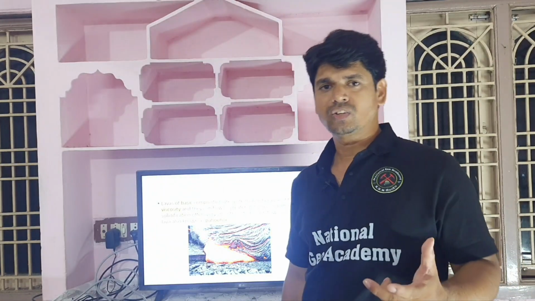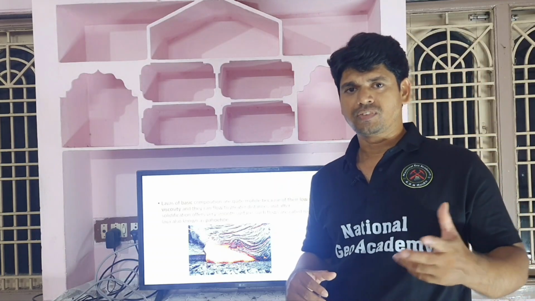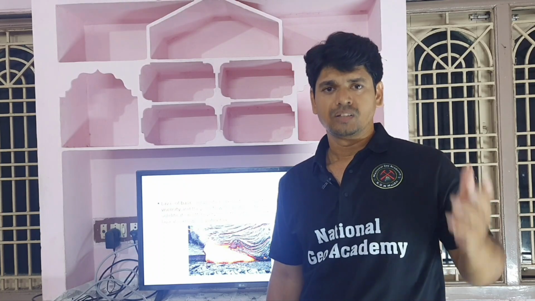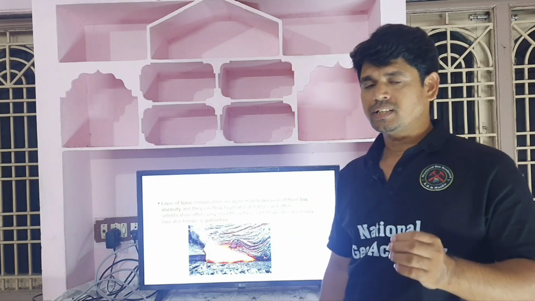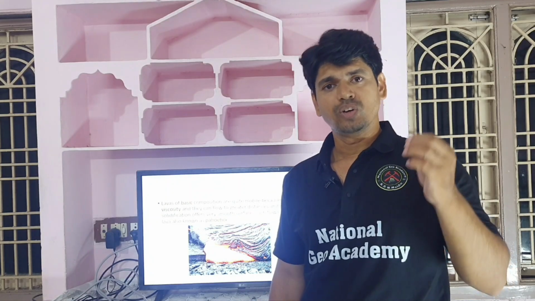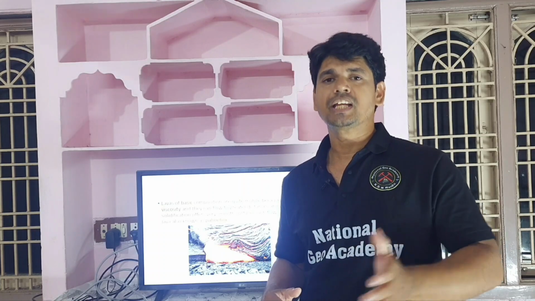Then we will move to the next structure, ropey lava. It is entirely the opposite of block lava because it has a basic composition. Basic composition means rich in calcium, magnesium and iron, and poor in silica, sodium and potassium. Due to the basic composition, it has very low viscosity. Lava with low viscosity moves very quickly, forms very smooth surfaces and forms like ropes.